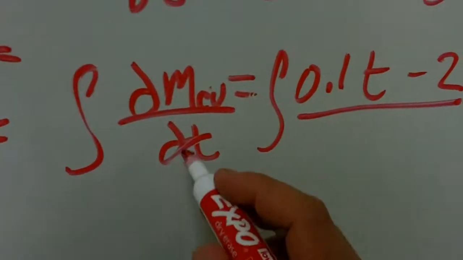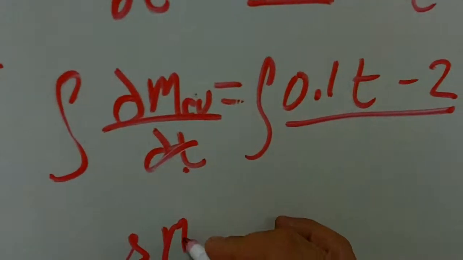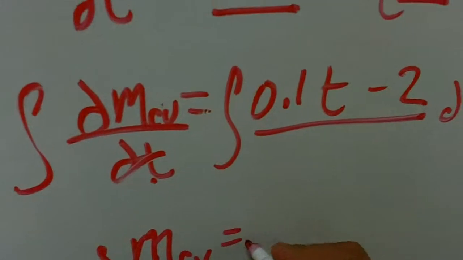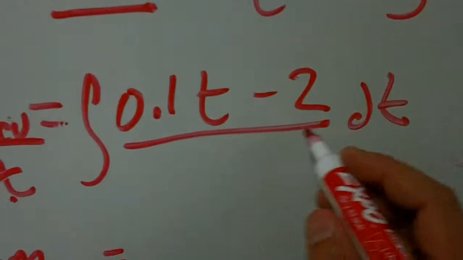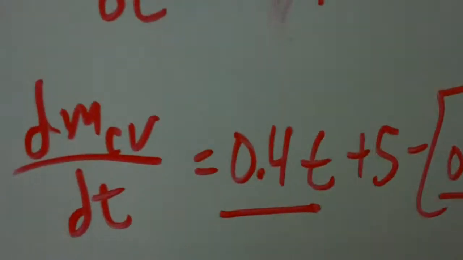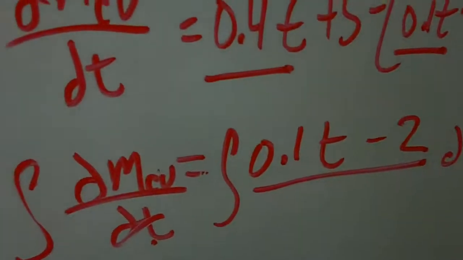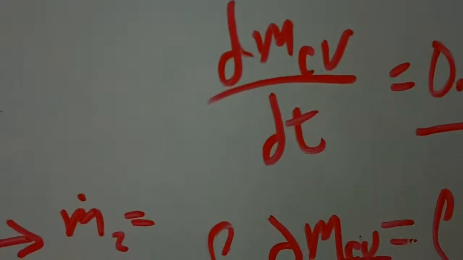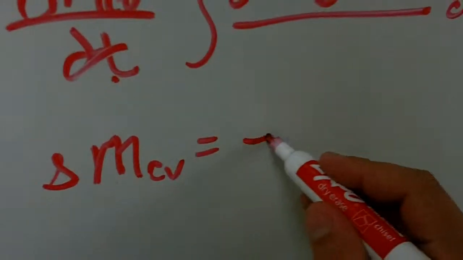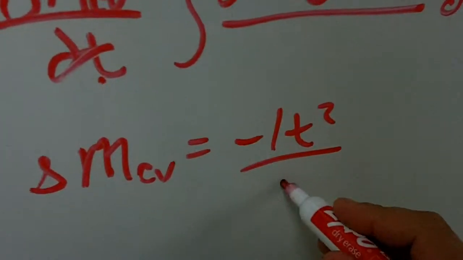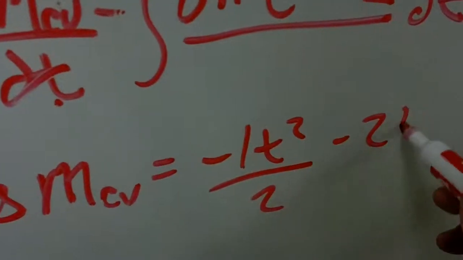Therefore, the change in mass of the control volume is going to be equal to the integral of our equation, which I have already calculated, and the result comes out to be 0.1t squared over 2 minus 2t.